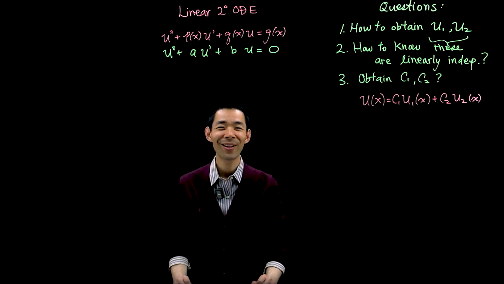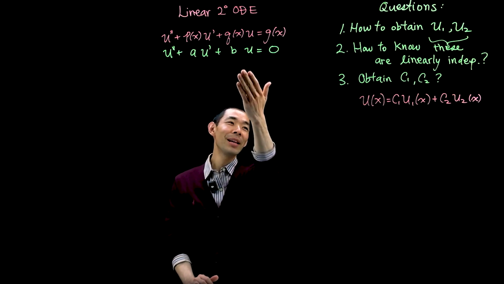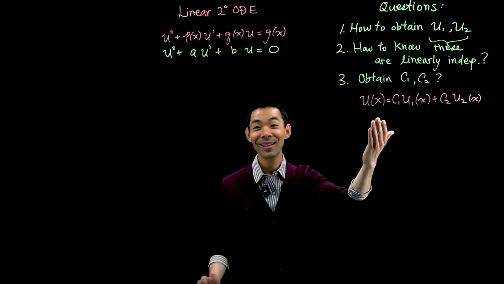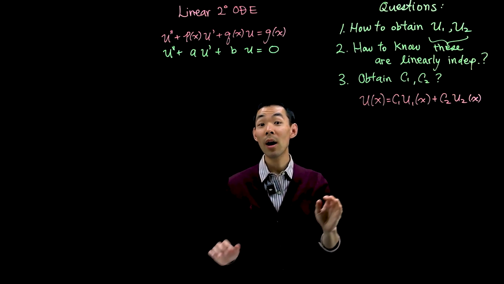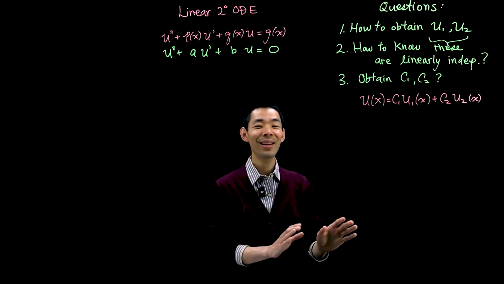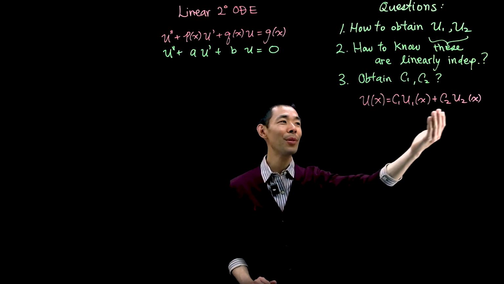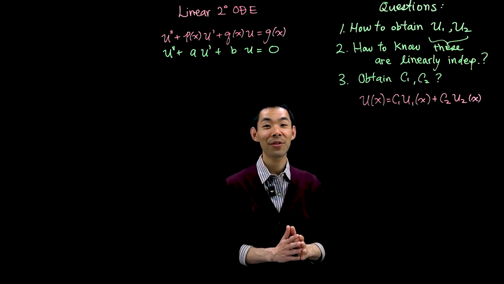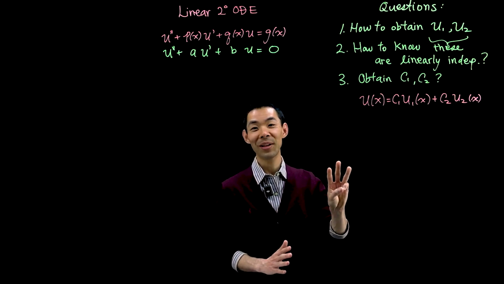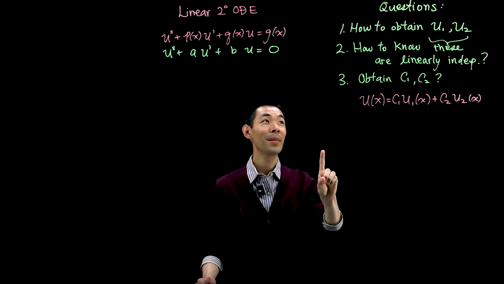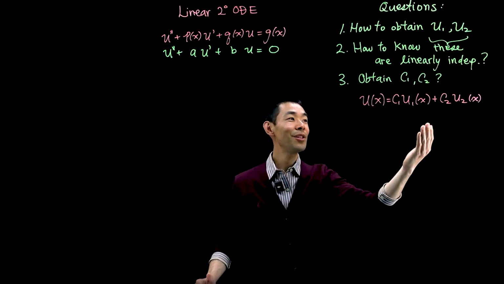Now, I told you earlier that the solution can be written as just a sum of 2 functions, u1 and u2, each multiplied by a constant of integration, c1 and c2. So there are 3 questions that we would like to address right now. Question number 1, how are we going to obtain u1 and u2?